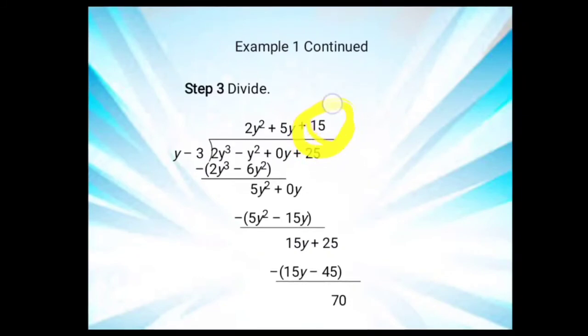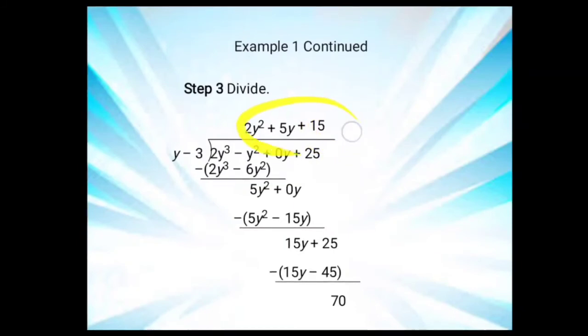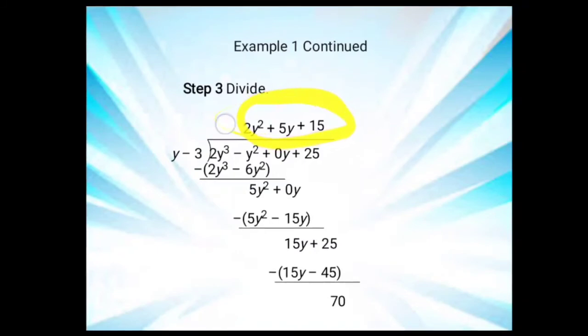You have to take note that if you have a constant on the quotient, you have to stop dividing. So our answer should be the quotient plus the remainder divided by the divisor.